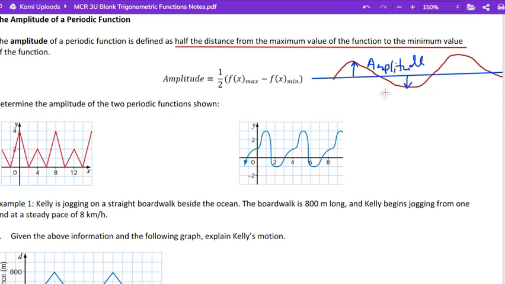Okay, that's the amplitude. So you sort of have to find out how high is the entire function from the bottom to the top, and then divide it by 2. And this formula here actually gives it to us. So amplitude is 1/2 of the maximum value of the function subtracting the minimum.